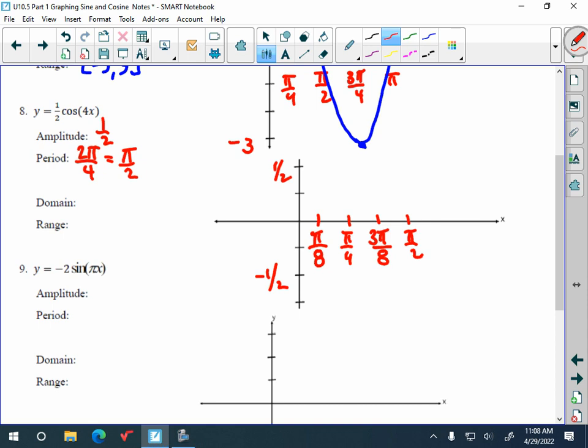All right, so this is a cosine graph. So our basic shape is going to start high on the y-axis, come down through it, and then end high. So it starts high, ends high. Think of a parabola. All right, so now we can just plot those 5 points.